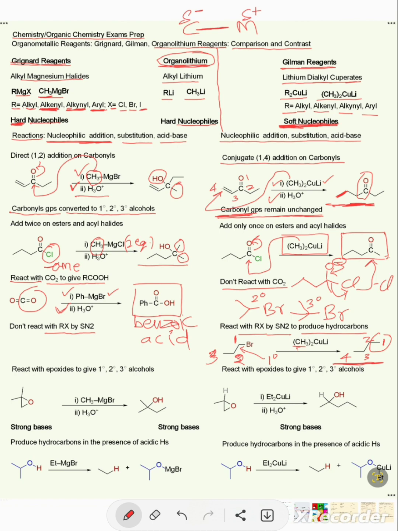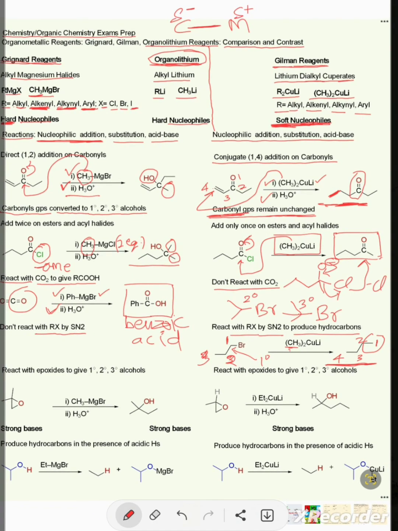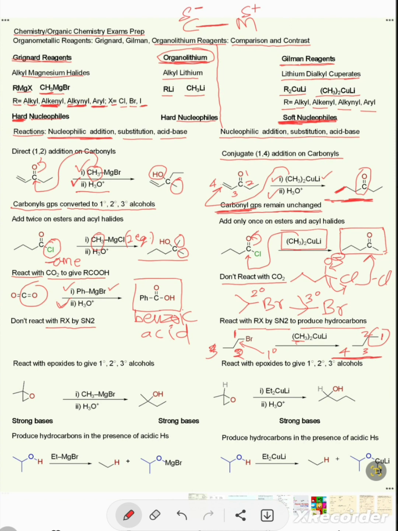We have seen these 3 reactions: direct addition by Grignard reagents, the addition of Grignards twice, and the reaction with carbon dioxide. So these 3 reactions show the contrast between Grignard reagent and Gilman's reagent. Now, are there any reactions that are similar?